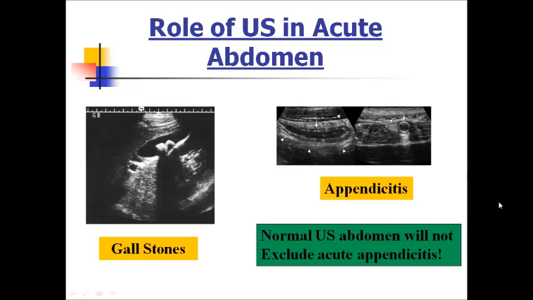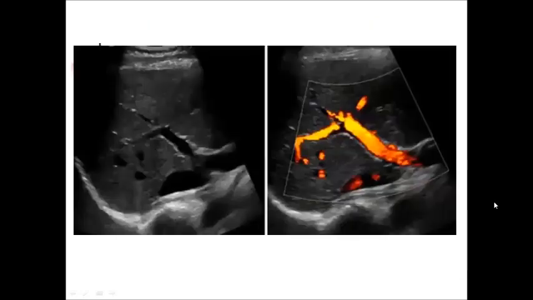But alas, a normal ultrasound examination will not allow you to exclude acute appendicitis, for example. So it should be combined with next techniques, as for example, computed tomography or magnetic resonance imaging.